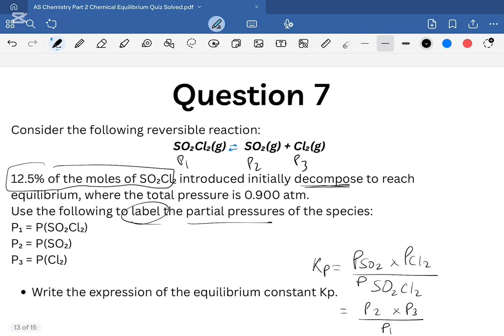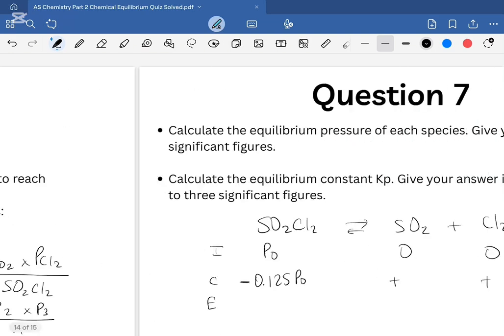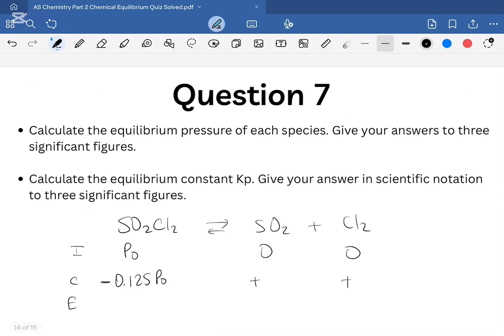And over here I'm going to put minus 0.125 P0. Now why did I do this? Because 12.5%, if I divide by 100, is 0.125. And 0.125 of the moles, which I can say of the initial pressure, has decomposed. So I can work with the pressure instead of moles, and say minus 0.125 times the initial pressure decomposed.